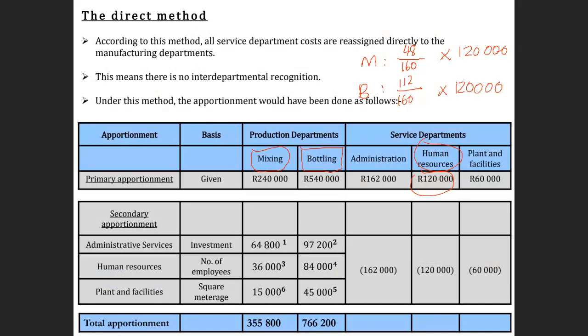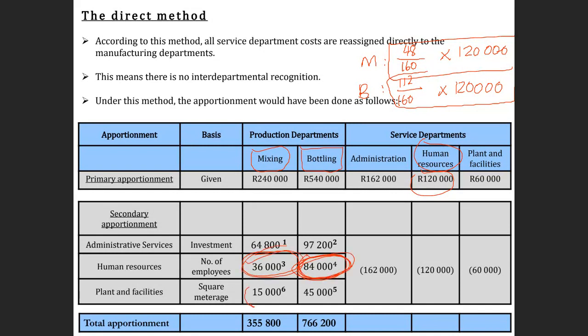And now when you work out this, 48 over 160 times 120,000, it gives you this 36,000, and then 112 over 160 multiplied by the 120,000 gives you the 84,000.